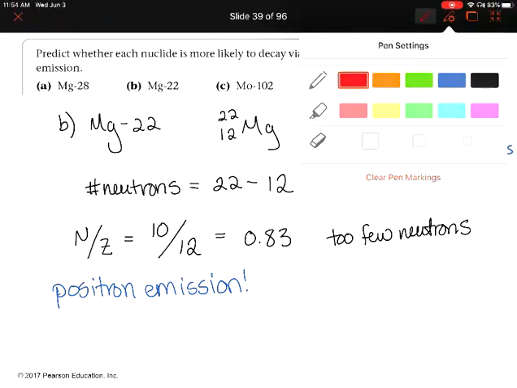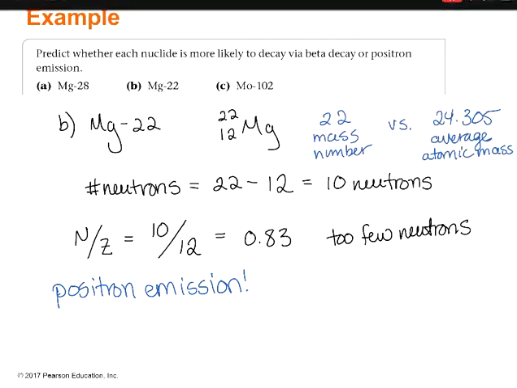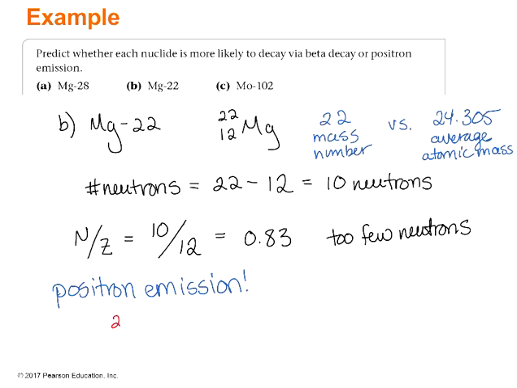So let's actually show what that would look like. We start with magnesium 22. Again, we don't know what the daughter nuclide is, but we do know that we're emitting a positron, a positively charged electron. So again, the mass number will stay the same.